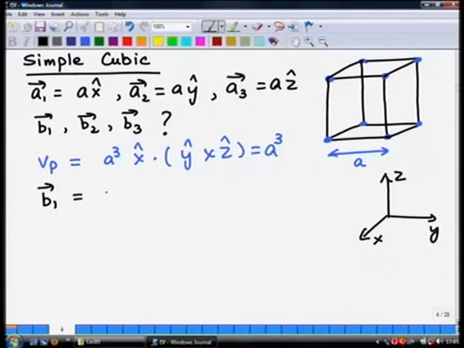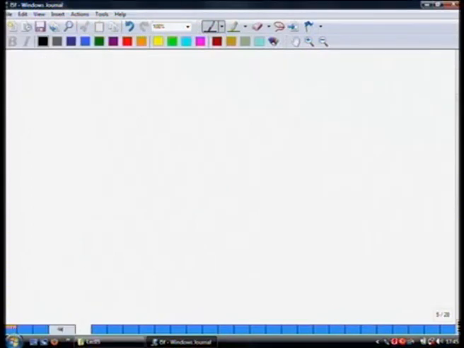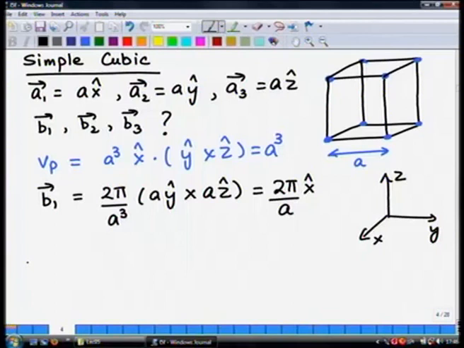So, B1 is what? Let us see, 2 pi by Vp times A2 cross A3. Vp is a cube, and A2 cross A3 is a y hat cross a z hat. What does that mean? That of course means 2 pi by a x hat, that is all that means. So, B1 is just this quantity. All right.